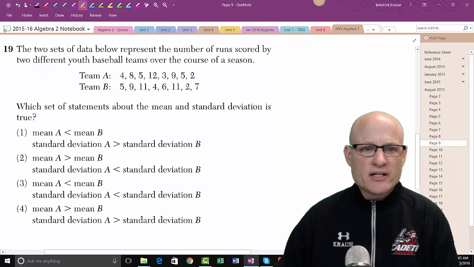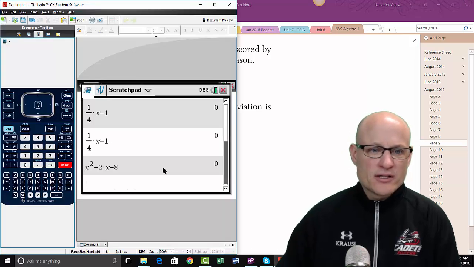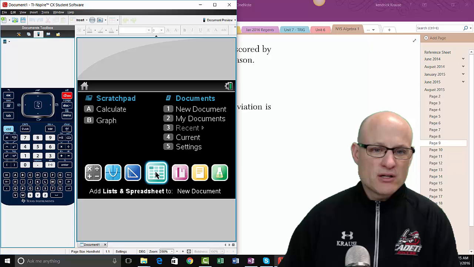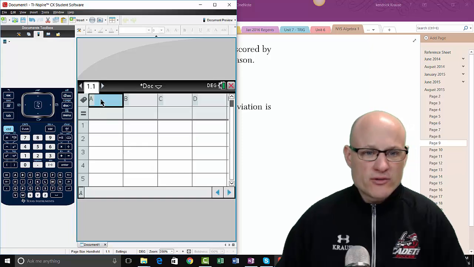2 sets of data, and we've got to know their mean and standard deviation. Their mean and their standard deviation. So we got to go to our calculator and go into calculator mode, and call this x.